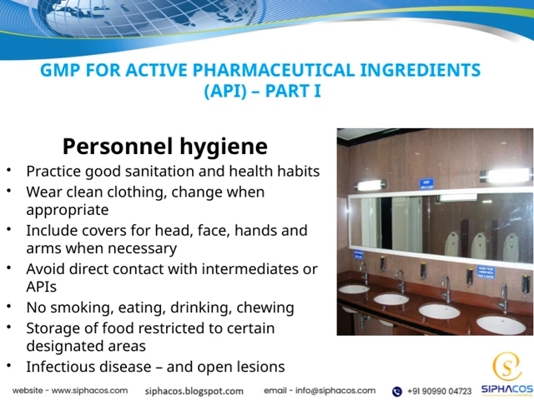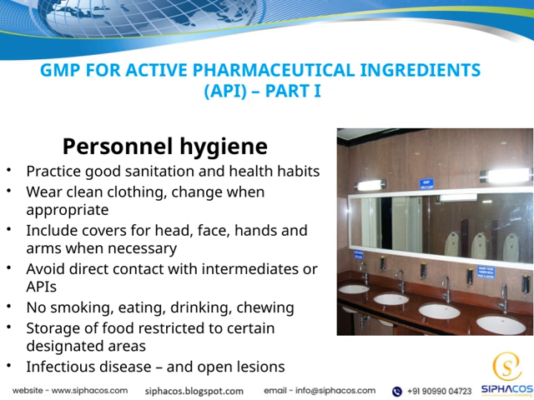Also, remember that smoking, eating, drinking, or chewing while working can lead to contamination, so these activities should be strictly avoided in the production areas. Food storage should be limited to designated areas only to prevent any accidental contamination of the APIs.